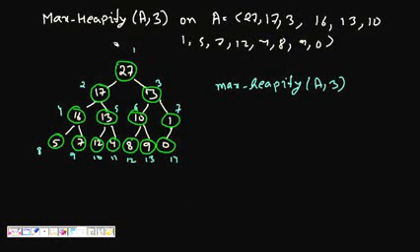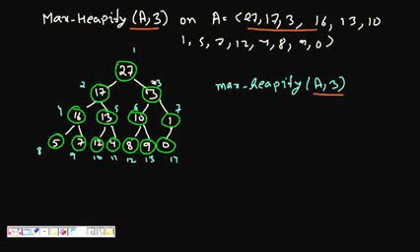In this question, we are asked max heapify A comma 3, and an array is given like this. So we construct the tree. So this is 27, 17, 3, 16, 13 and so on. So we have a tree or a heap which is given, and now the question is max heapify A comma 3. So let's try to solve this.